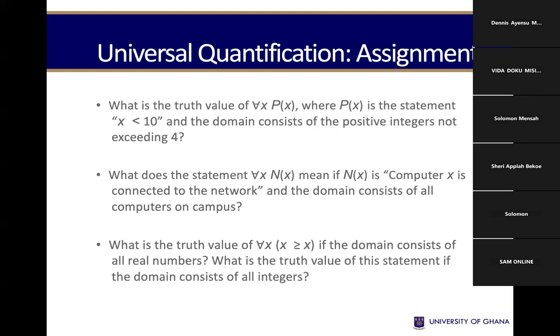The statement is asking whether x is a subset of the whole, whether computer x is part of the computers on campus. No. You have to be careful. The question is not asking you to find the truth value or the validity. The question is saying, what does the statement ∀x N(x) mean? And he has told you what N(x) is.